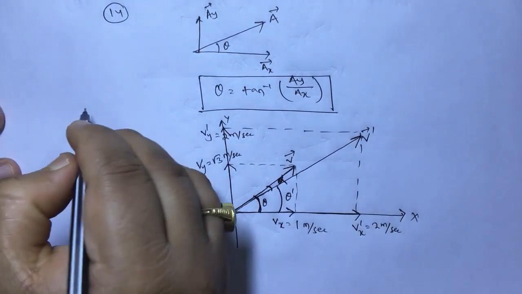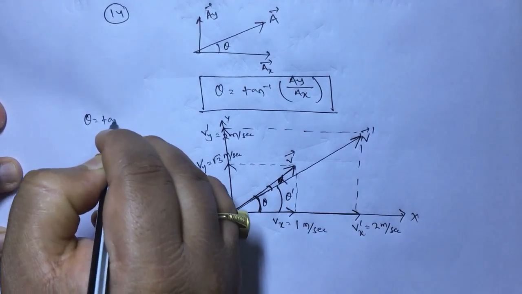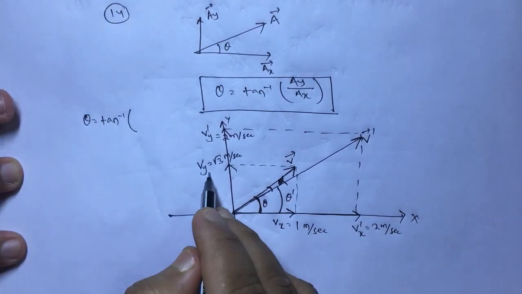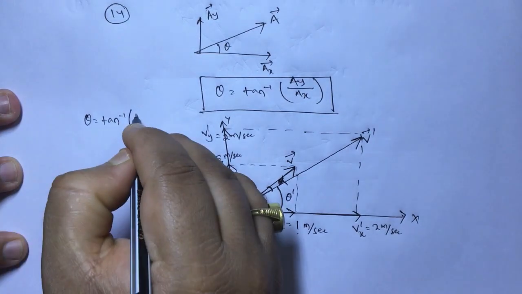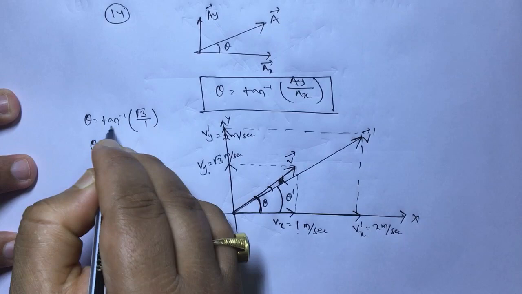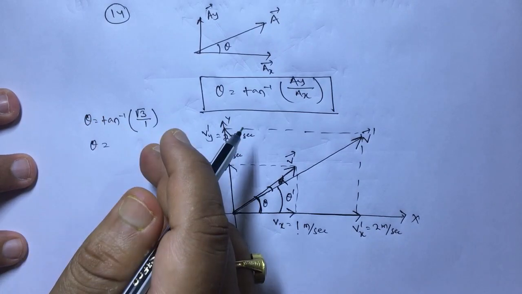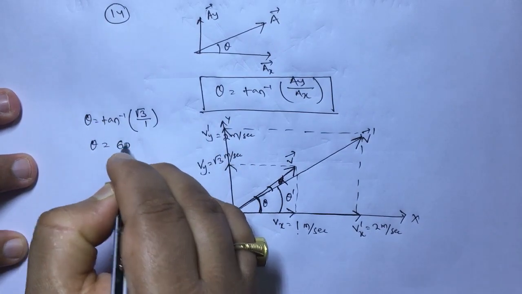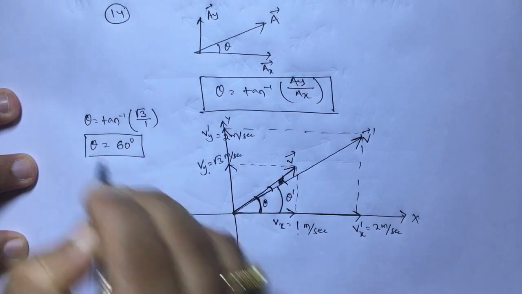So what will be the value of theta? Theta will be equal to tan inverse of Vy by Vx. So it will be tan inverse of root 3 by 1. What is the value of tan inverse root 3? Tan theta equal to root 3 means theta obviously will be equal to 60 degree.